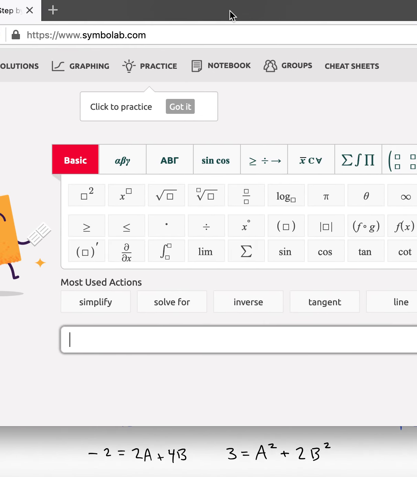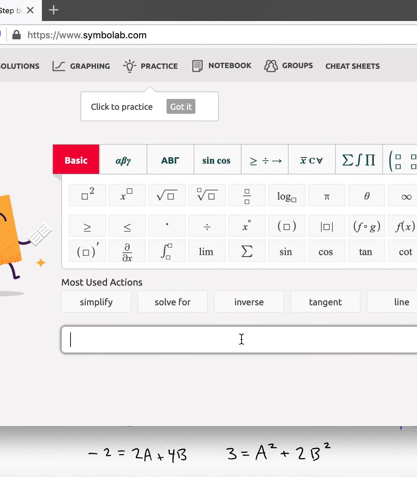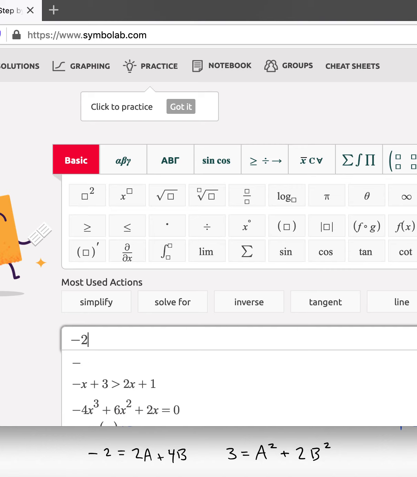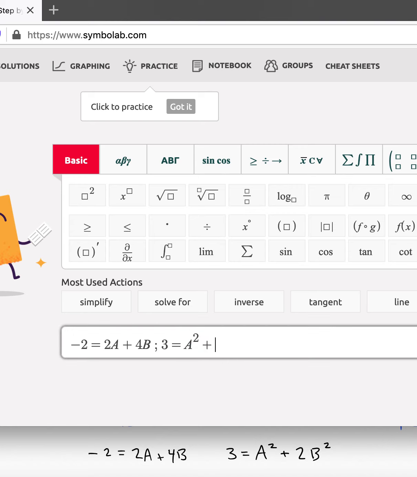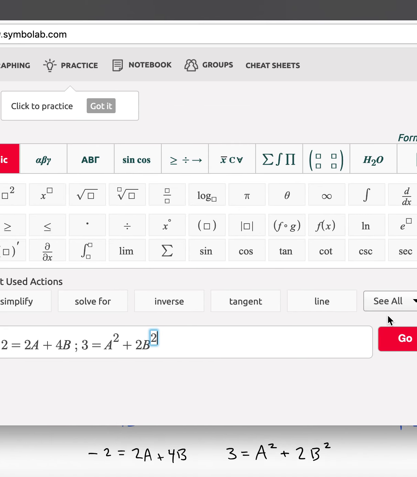So now you just want to type in the equations that you have. Put a semicolon between them. And then hit go.